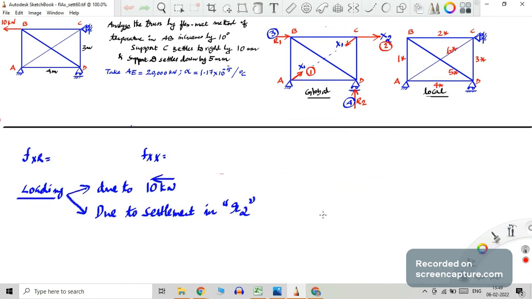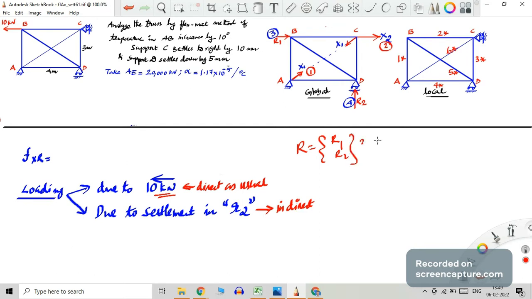Then we have to think a little bit about handling small r2. So this 10 kilonewton, this direct one, is to be taken in capital R. Here R1, R2. So R1 is minus 10, R2 is 0 because there is no applied force at support D external force.